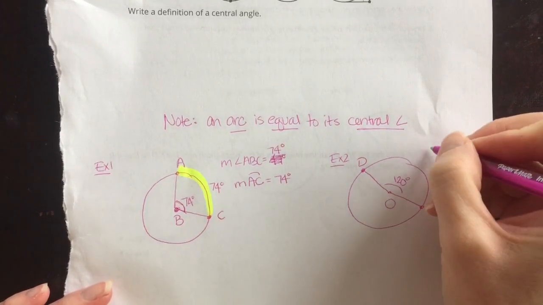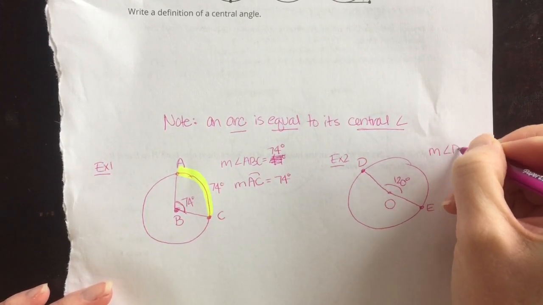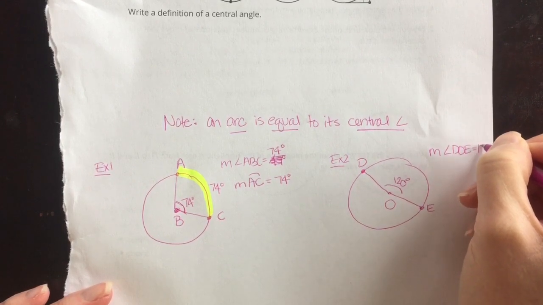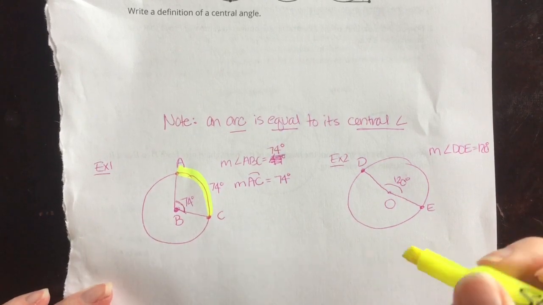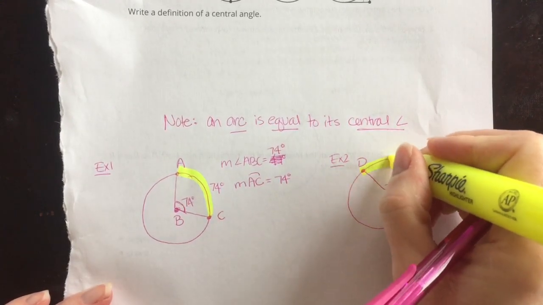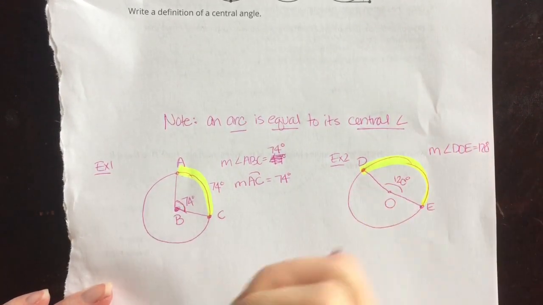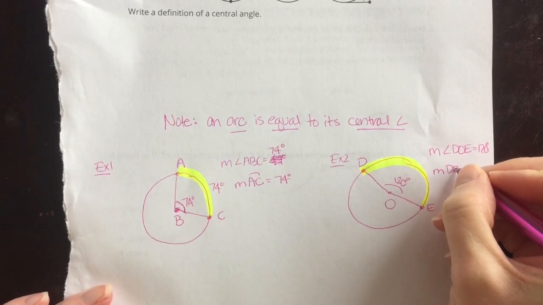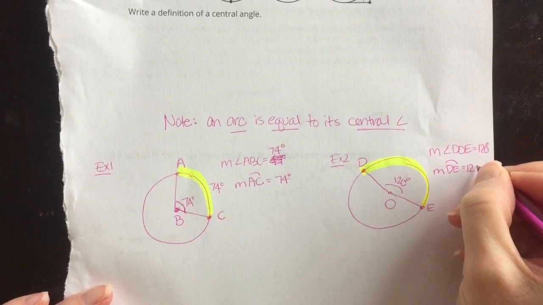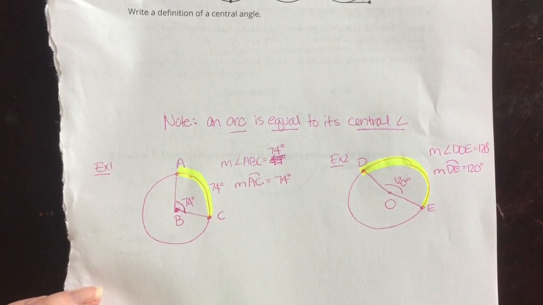So then I know the measure of angle DOE equals 120 degrees. I also then know the measure of my arc. The arc formed by this angle goes from D over to E. So I know the measure of arc DE is also equal to 120 degrees.